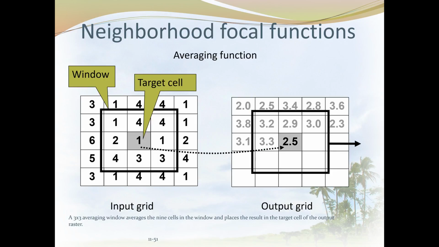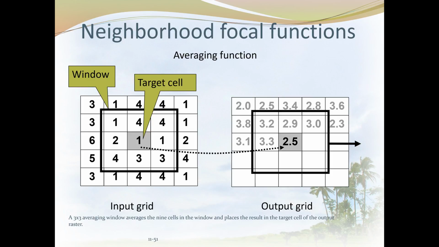Okay, let's look at these neighborhood focal functions. They calculate things from input and output. A focal function centers the window on a cell called a target. It calculates the statistic from the neighborhood and assigns the value to the target cell, and then it repeats the process at the next adjacent cell.